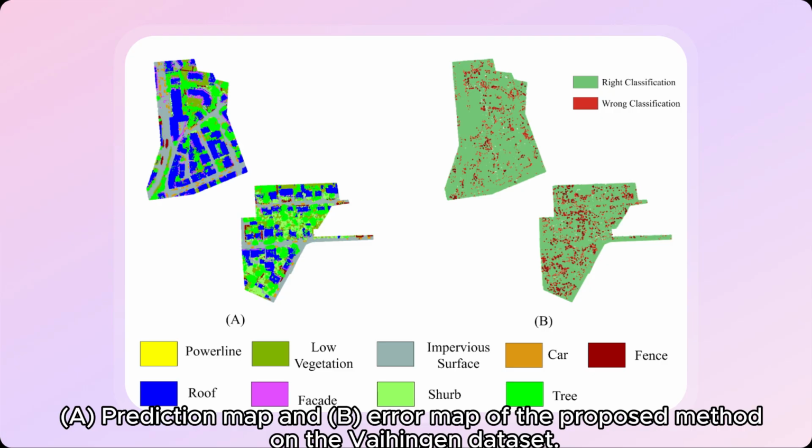How well did this adaptive approach actually work? The results were pretty strong. They reported over 91% overall accuracy and an 82% F1 score, which balances precision and recall. And crucially, this was on both high-density data, like the Toronto 3D dataset, and lower-density data, like Vaihingen in Germany. It outperformed other leading methods.